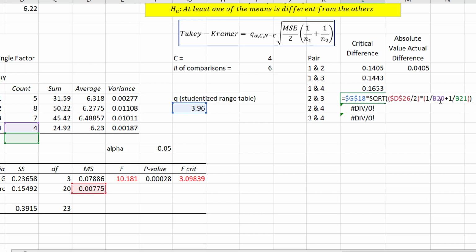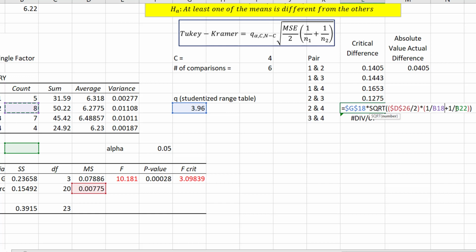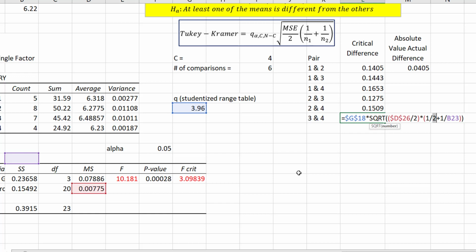The next one, I need to divide by the sample size of machine 2, and then the sample size of 3. This is nice because I'm only having to change N1 and N2. So this is sample size of 2, and then sample size of 4. And finally, the last one, I have 3 and 4. So sample size 3 and 4.